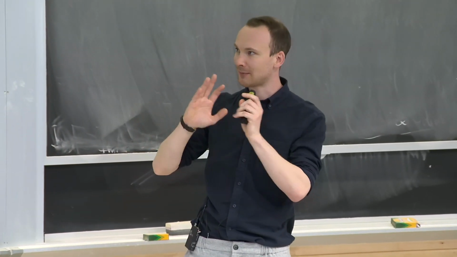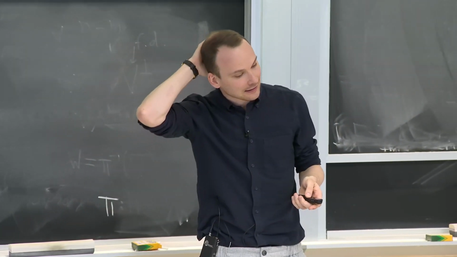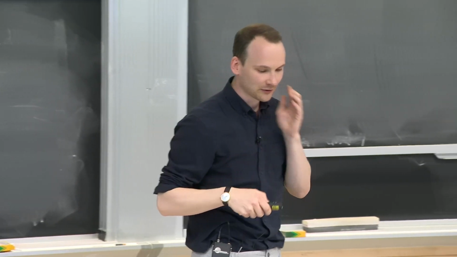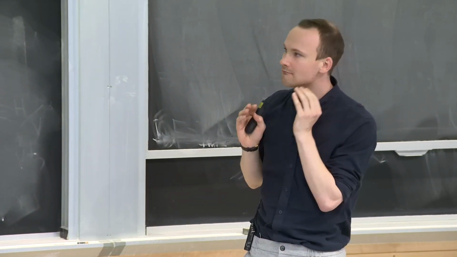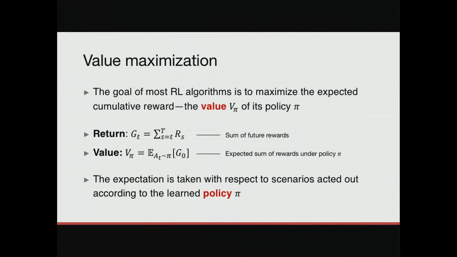Okay, I told you about the world now that we live in. We have these S's and A's and R's. And I haven't told you so much about the goal that we're trying to solve, or the problem that we're trying to solve. Most RL, or reinforcement learning, is aimed at optimizing the value of a policy, or finding a policy that has a good return, a good sum of rewards.